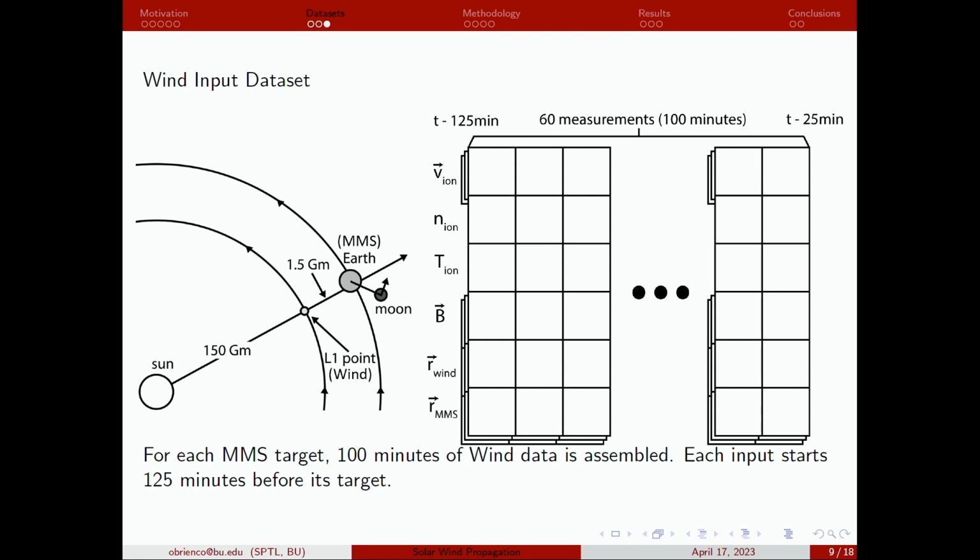And then for this data, we include, again, the 3-component velocity, in this case ion density, ion temperature, magnetic field, and the relative positions of the 2 spacecraft. This is so that we can give the network information about the propagation distance and information about the speed and sort of what parameters we want to be propagating to MMS.